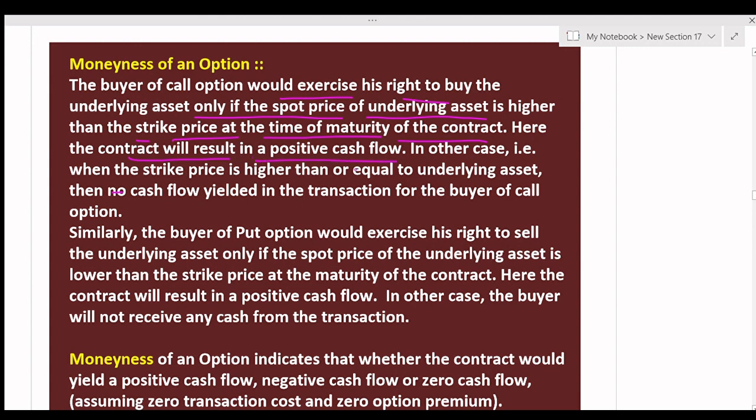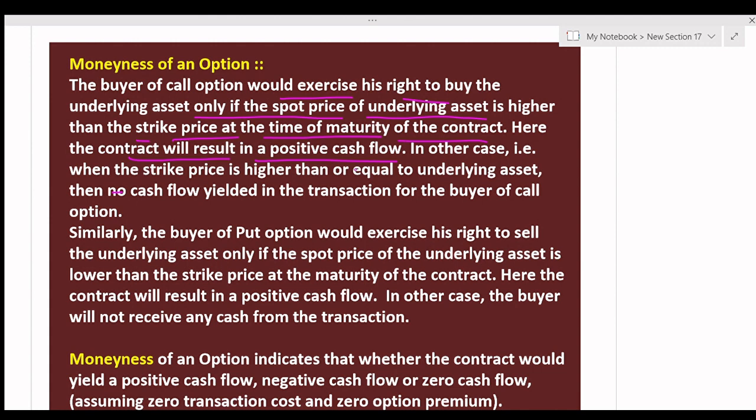So here the call buyer will buy at the strike price and sell it at the market price, which is higher than the strike price. So the cash flow will be positive.